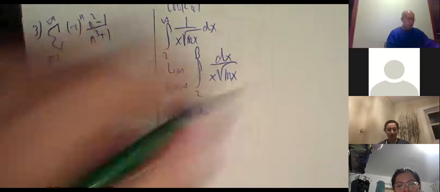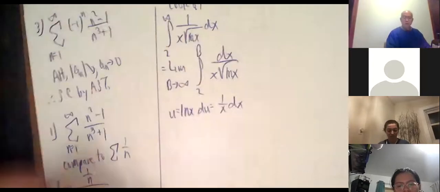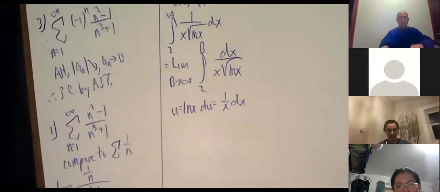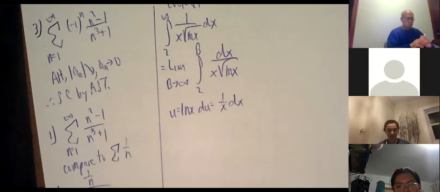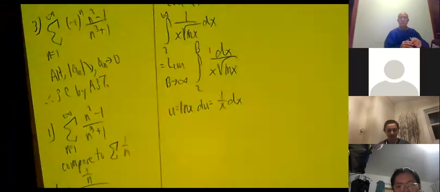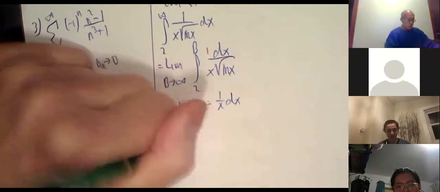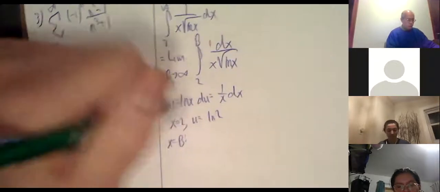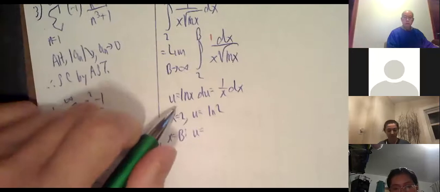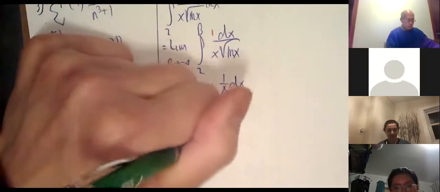Okay, so u equals ln x. du is 1 over x dx, and you can pretend there's a 1 there. So when x equals 2, u equals the natural log of 2. When x equals b, u equals the natural log of b.